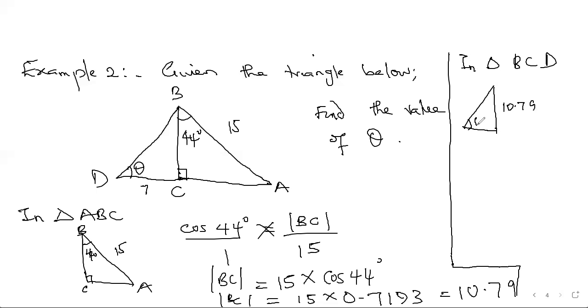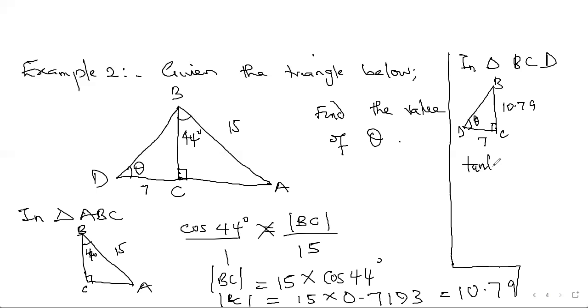This is the angle. This is the right angle. So the hypotenuse, I don't know. Then I know the adjacent. So I know the opposite and adjacent, that's tan.